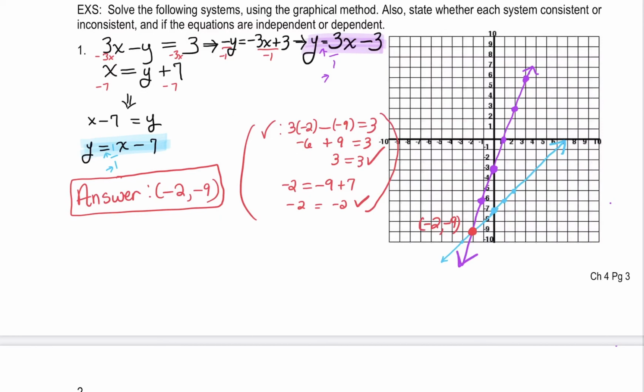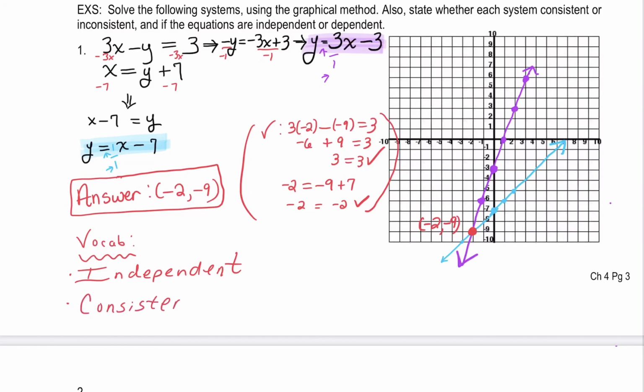All right, now in terms of the vocab, if I ask you to identify these as inconsistent, consistent, independent, dependent, you should be able to look and say, okay, these equations are different from each other. So they're independent equations. And there was at least one solution, so we say that the system is consistent.